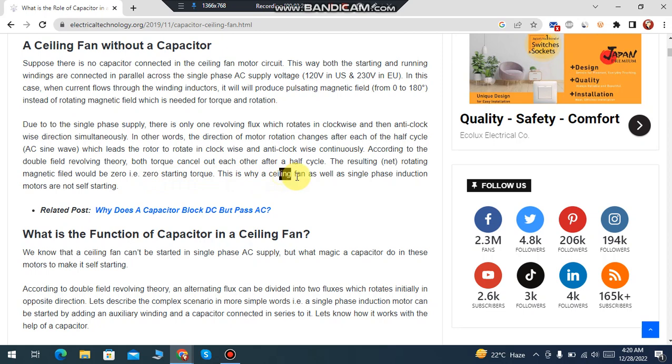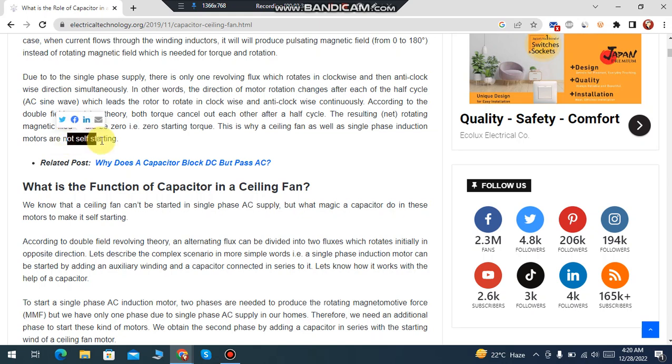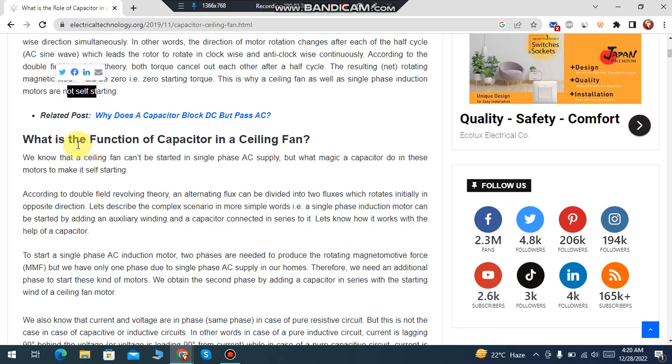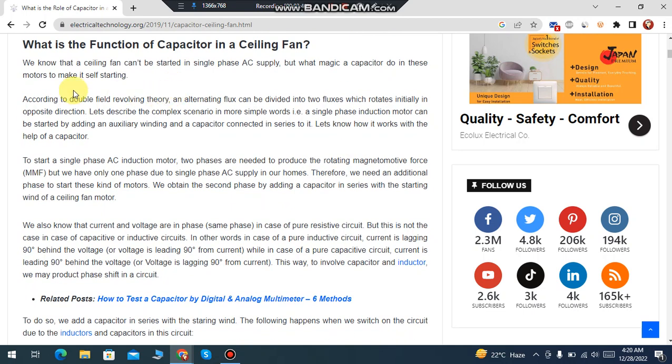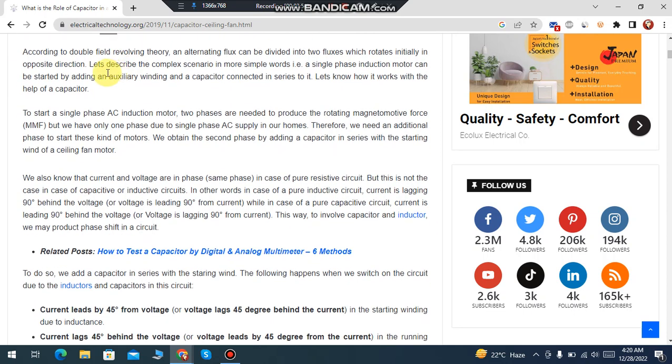This is why ceiling fans, as well as single phase induction motors, are not self-starting. What is the function of a capacitor in a ceiling fan? We know that a ceiling fan cannot be started on a single phase AC supply, but what magic does a capacitor do in these motors to make them self-starting?